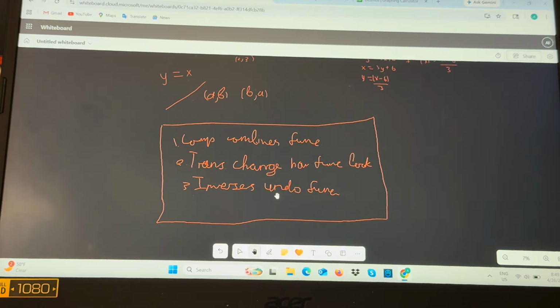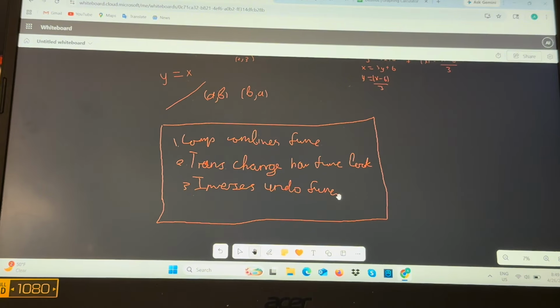And so to sum up this lesson, I would love to say that these 3 concepts are all interconnected. Composition combines functions together. Transformations change how functions look from the original to the changed one. And inverses undo other functions.